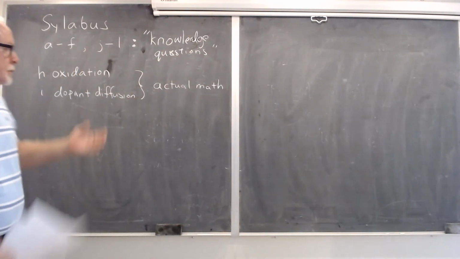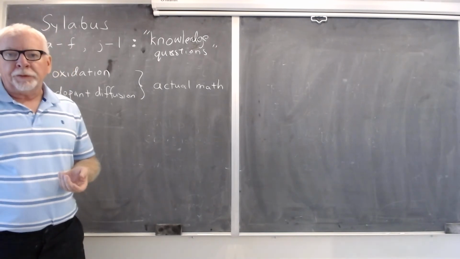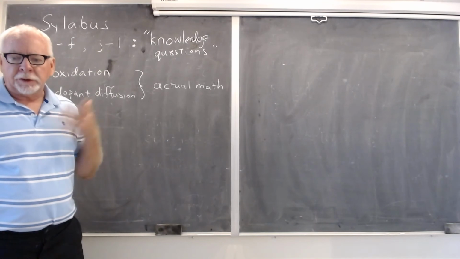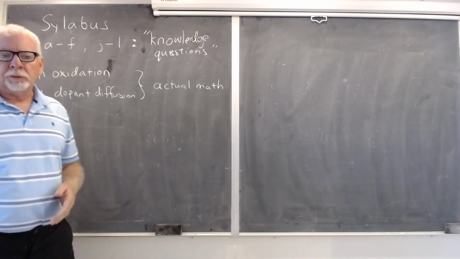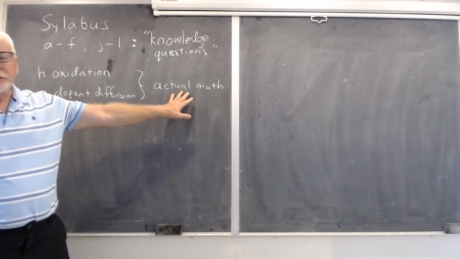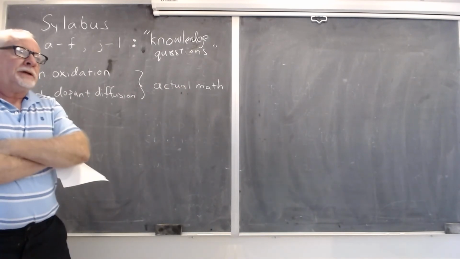The actual math is, for oxidation, if I want to oxidize and make a layer of silicon dioxide 1 micron deep, how long do I oxidize? And the point is, there's a theoretical knowledge base there that you need to understand.